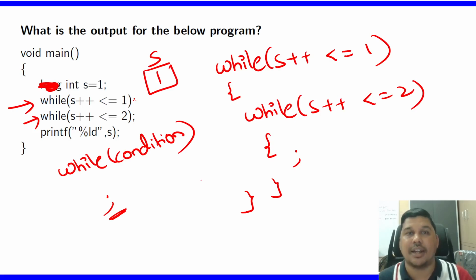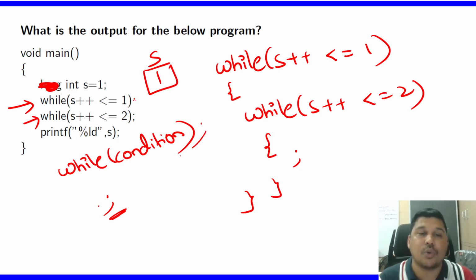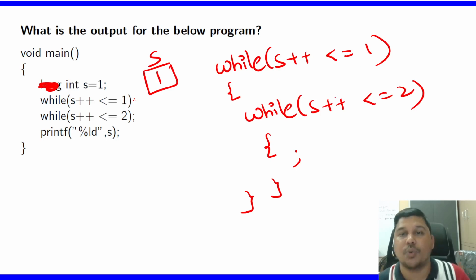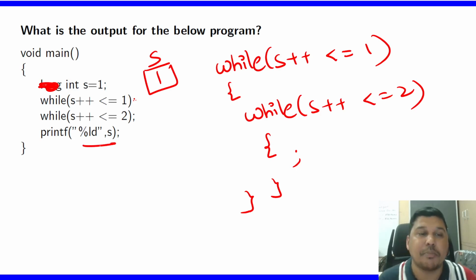Under an if condition, for loop or while loop, if there is only one statement to be executed, you need not include open and close brackets. This semicolon I can write here also. That's the meaning of these two statements. So while s++ less than or equal to 1, while s++ less than or equal to 2, do nothing. At the end, I have printf %d, s.